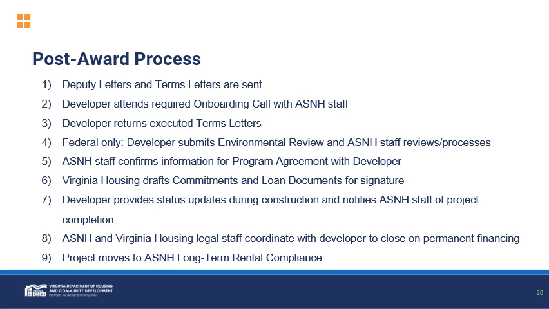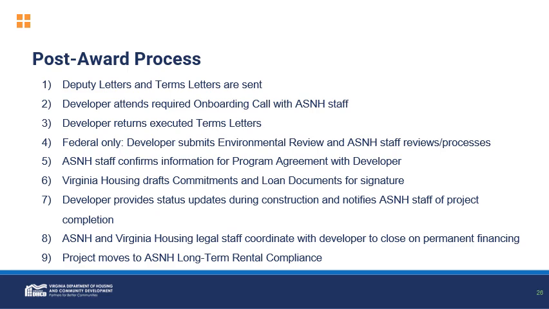Please note that with the increase in number of awards due to the increase of funds, we definitely need time both on our program agreements and for Virginia Housing to draft commitments. We'll need time to turn those around. So if you have something that is time sensitive, we recommend talking with your program administrator as soon as possible. But Virginia Housing drafts those commitments and loan documents for signature.